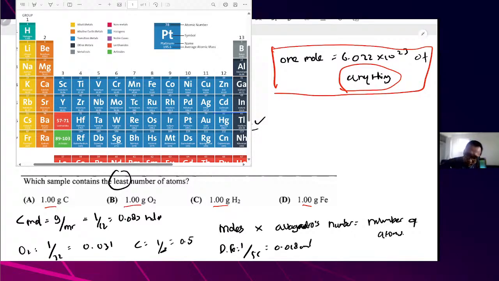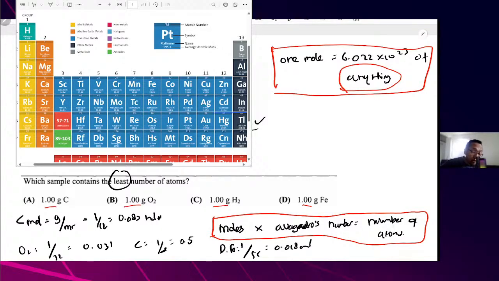So based on this information, we don't need to use this equation. Why? Because if the mole is higher, the number of atoms is also higher. As well as, if the mass is higher, the number of atoms is also higher.